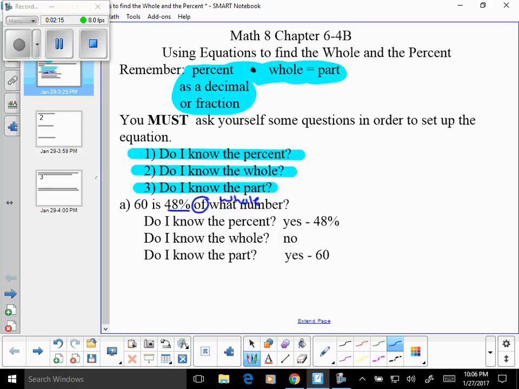Then I have to look for some form of that verb is. Am, was, were, have been, will be. There's is. That means this is the part. Now remember, sometimes it's going to be the part is, or sometimes it'll have it at the end, over here, where it'll say is 60. In this case, I do know the part.